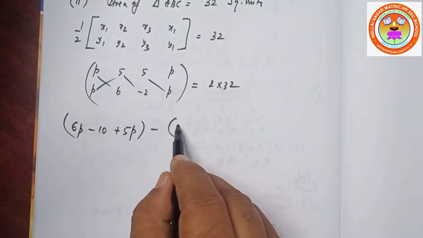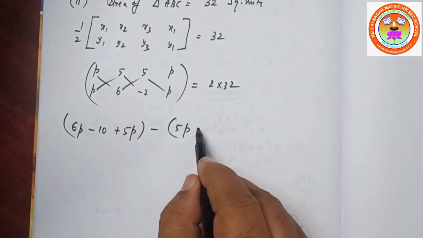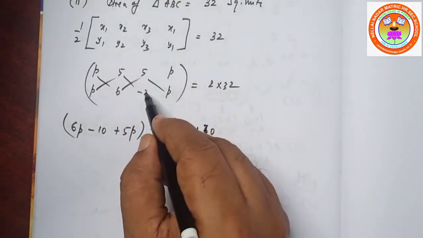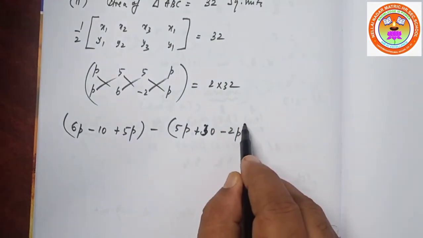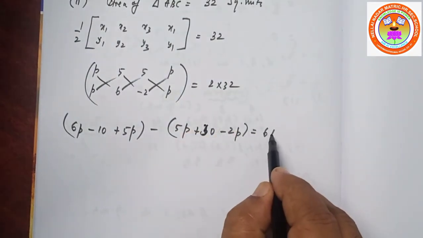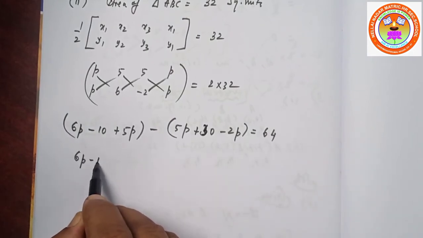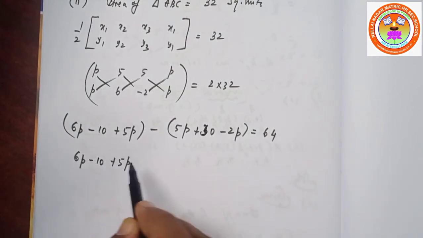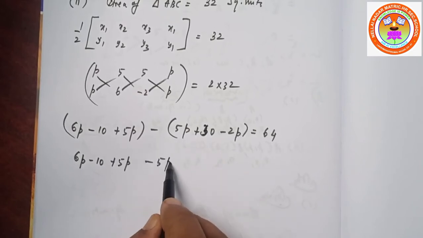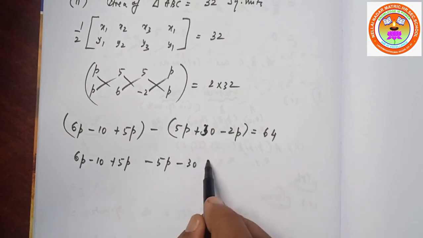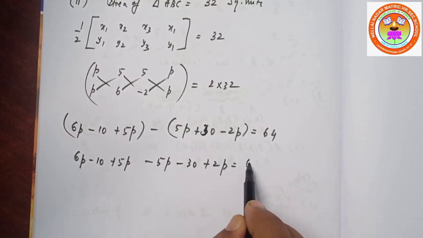Again 5 into p is 5p, 5 6s are 30, minus 2 into p is minus 2p, that is equal to 32 2s are 64. 6p minus 10 plus 5p, minus into 5p is minus 5p, minus into 30 is minus 30, minus into minus is plus 2p, that is equal to 64.